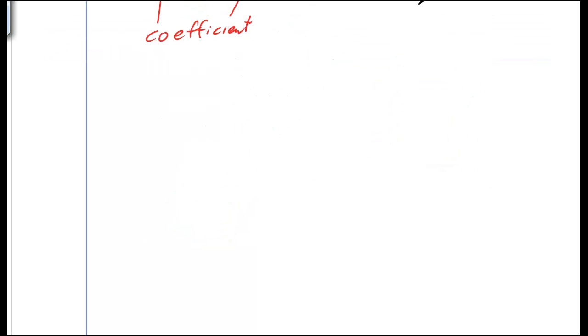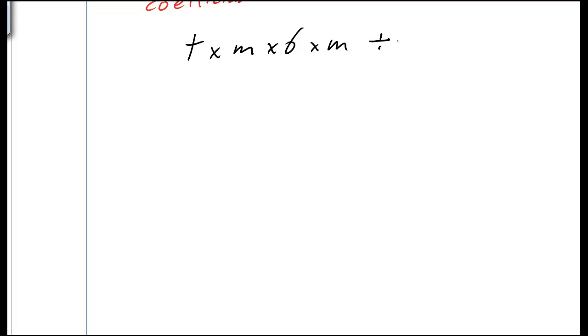Now look, say you had some unknown quantity t, and you're multiplying it by m, and you're multiplying that by 6, and then you're going to multiply that by m again, and then you're going to divide it by 5. And you want to write this the proper way, according to conventions.